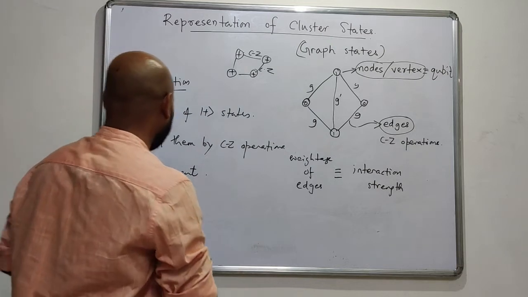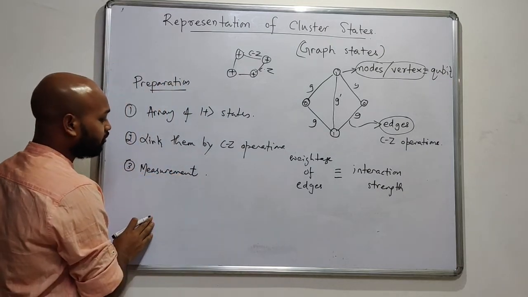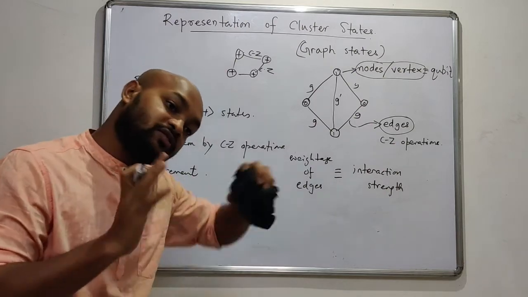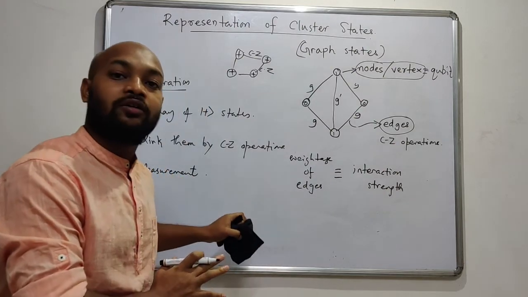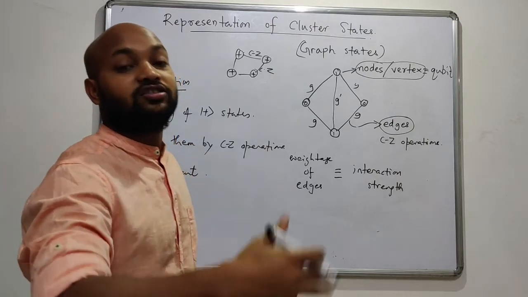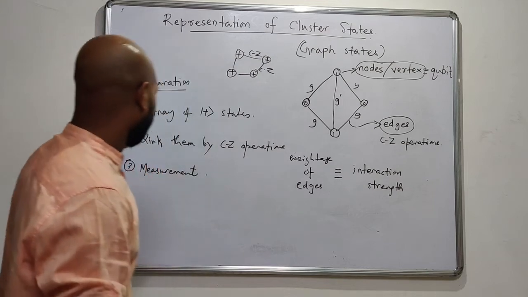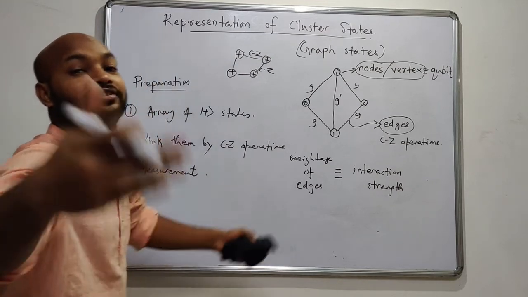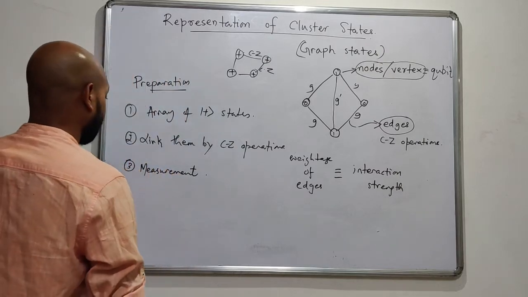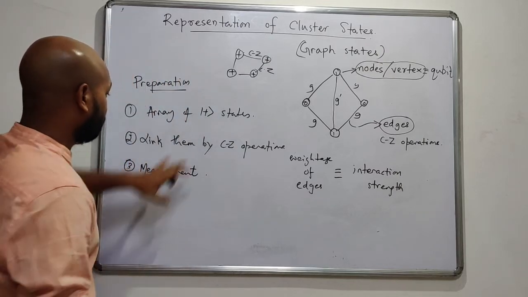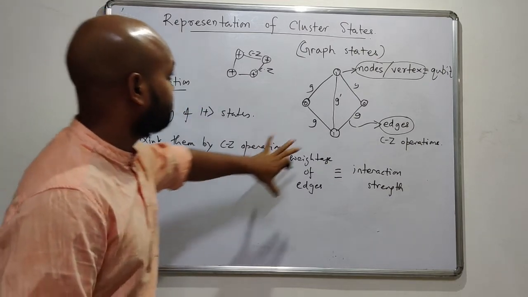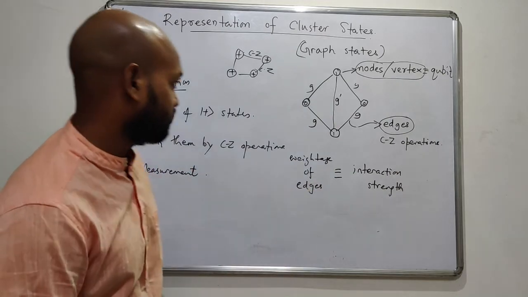So the measurement of the previous quantum state governs the measurement of the subsequent quantum states, because the basis of the measurement are decided by the previous outcomes. That's how you prepare and do the cluster state computing, and this is the representation of the cluster states.